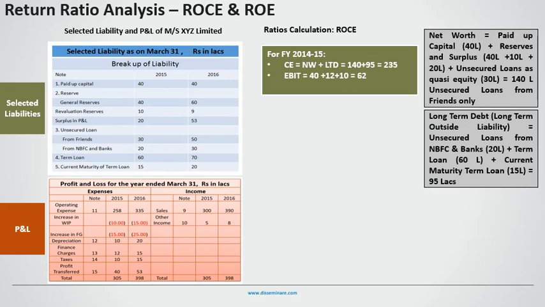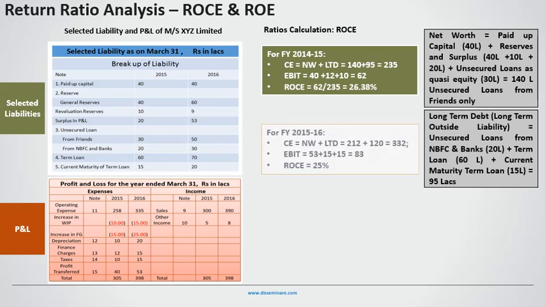The EBIT is rupees 62 lakhs, as calculated earlier. Thus, for 2014-15, the ROCE equals 62 lakhs divided by 235 lakhs, equal to 26.38%. Similarly, if we take the corresponding figures for the 31st of March 2016, the ROCE is equal to 25%.